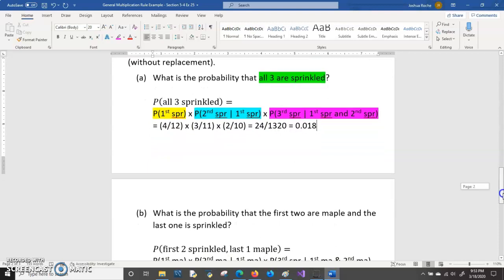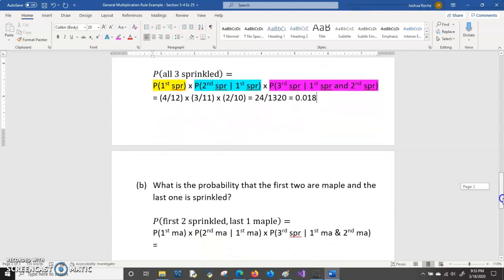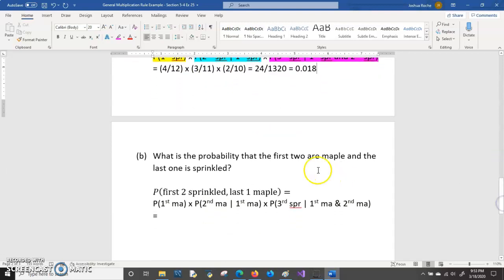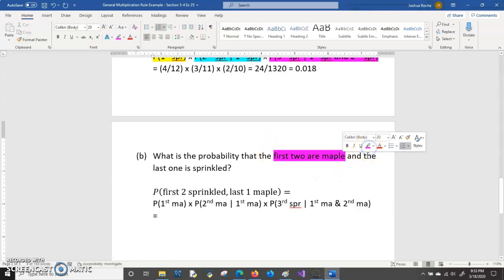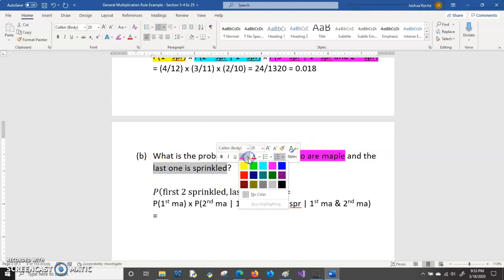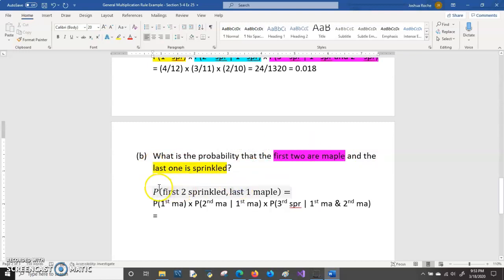Let's do one more question. What if we wanted to know the probability that the first 2 donuts are maple and the last one is sprinkled? Using the formula, here's the probability.